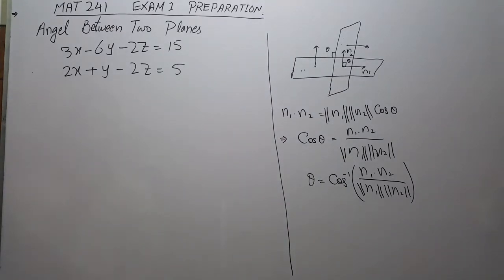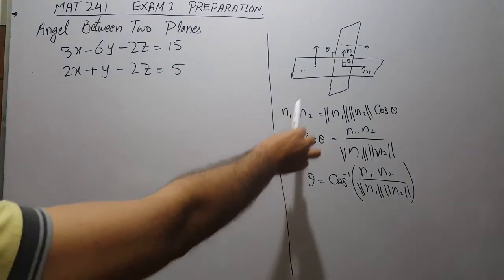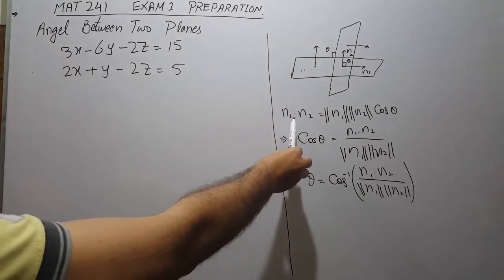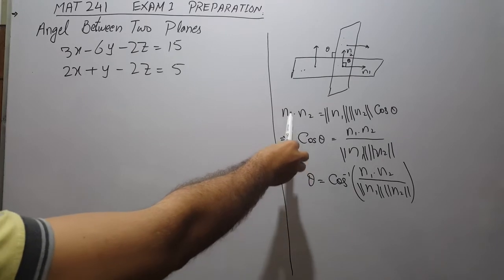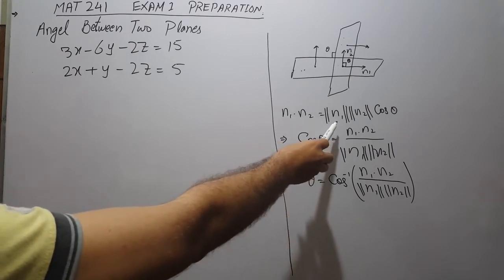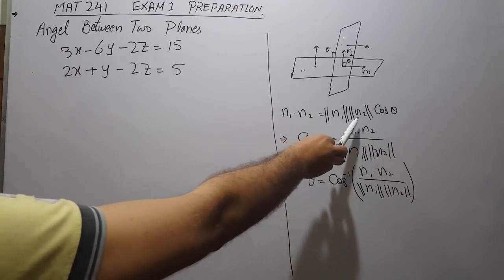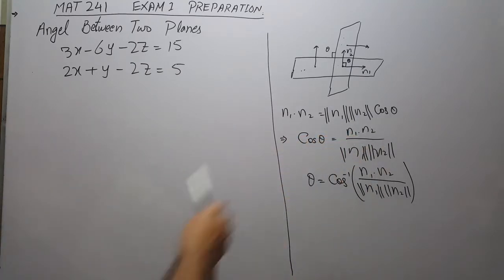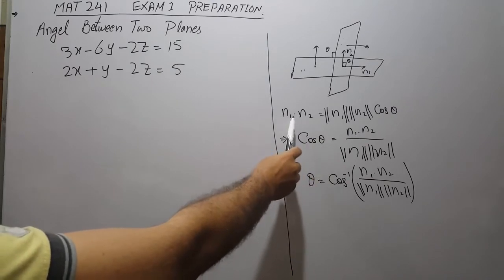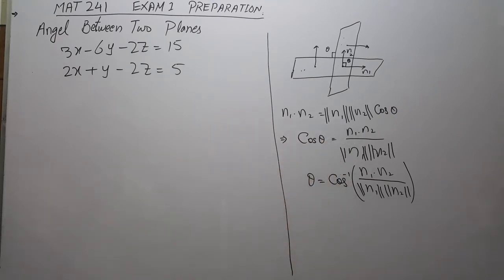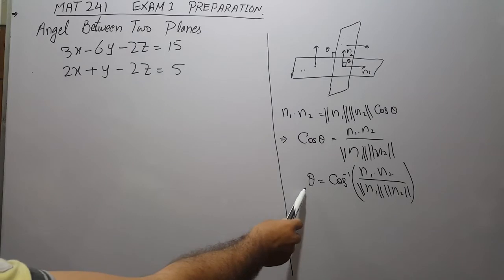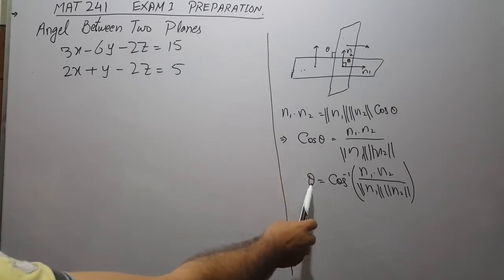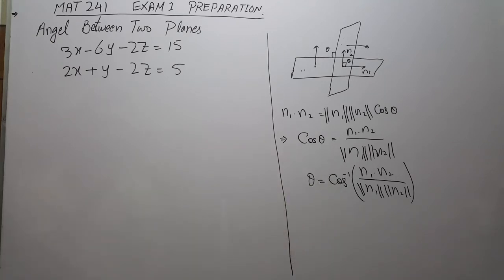So usually what you have to do is find out the normals of the planes, n1 dot n2, their dot product, which is by definition the magnitude of n1 times the magnitude of n2 times cos theta. You can write cos theta equals n1 dot n2 divided by their magnitudes. And if you want to find theta, then you take the cos inverse on both sides, so theta would be cos inverse of that.